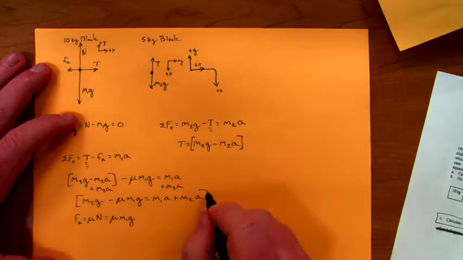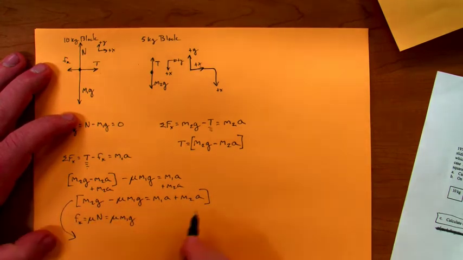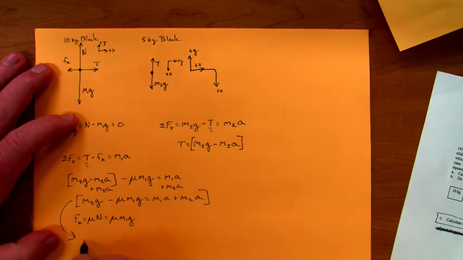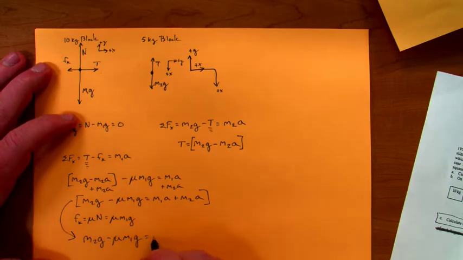I'm going to go ahead and bring this whole thing down here because that's in my way. So I've got M2G minus, I'm just rewriting now, M1G equals M1A plus M2A.